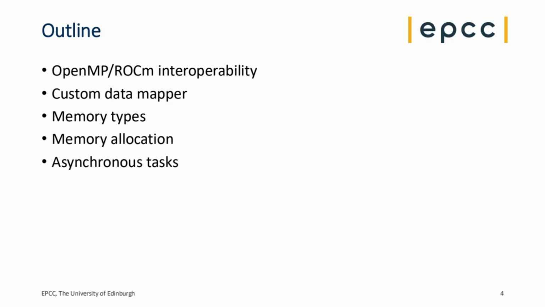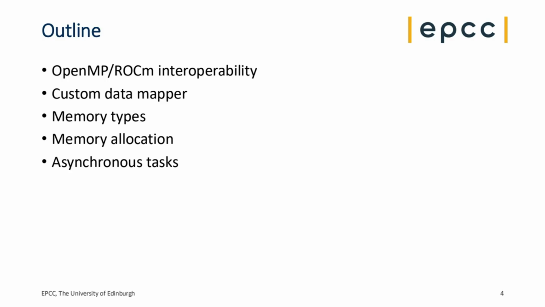So we'll talk about how you can integrate that with OpenMP directives, and then I'll talk about data mappers and how you can map heterogeneous data types to the GPU. We'll talk about the types of memory that are in play when you're programming for GPUs, on the host and a little bit on the GPU itself.